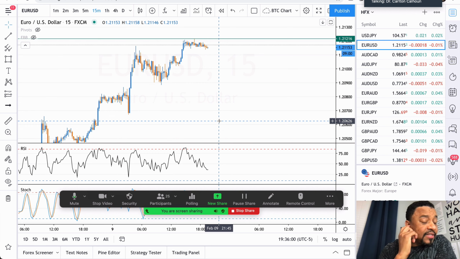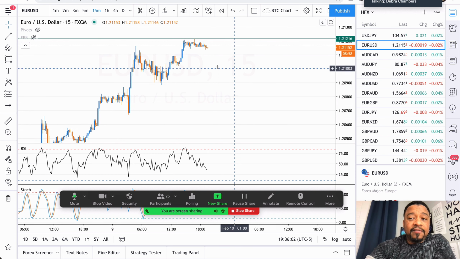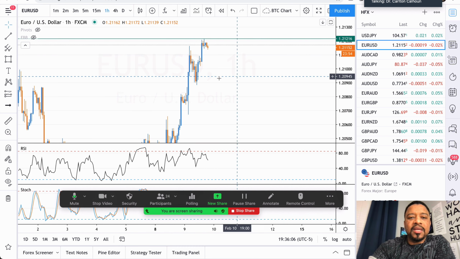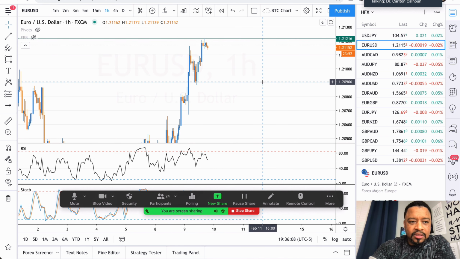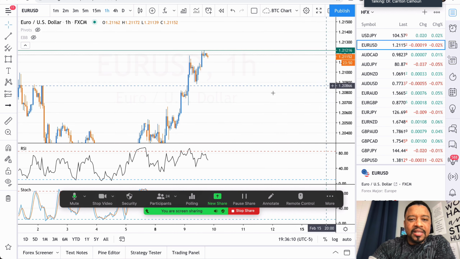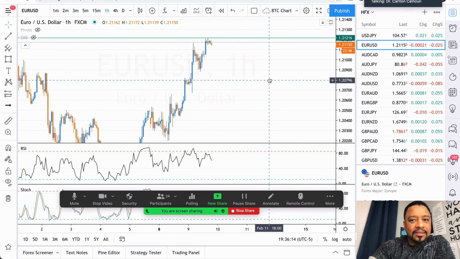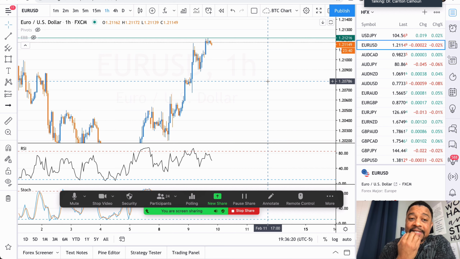Sometimes if I see something happening on the 15, I'll move up to get the overall direction, to see if that direction is still in the favor of the trade I'm looking at. If so, I'll take a longer term trade, like 10 to 15 minutes.